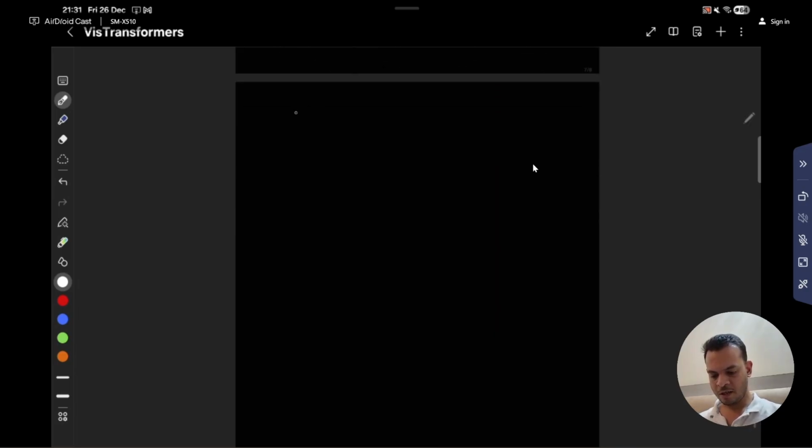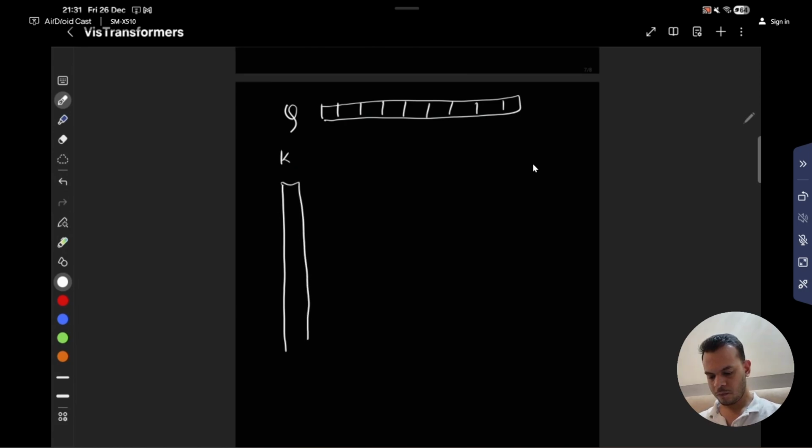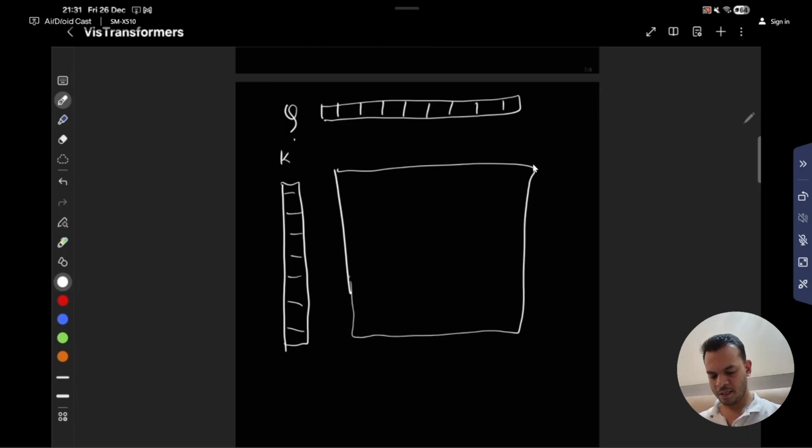Suppose you had a vector q like this, and suppose you had a vector k. Doing a dot product of these two would give you a matrix like this.